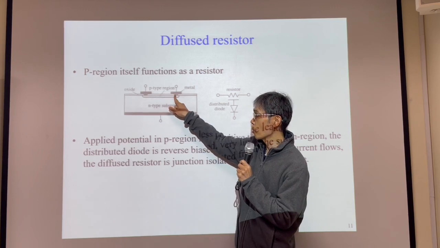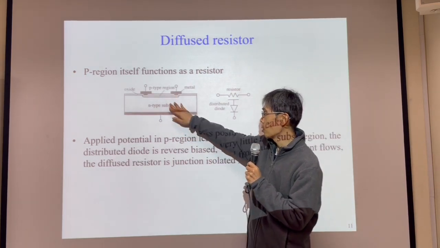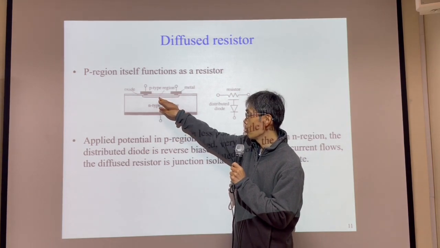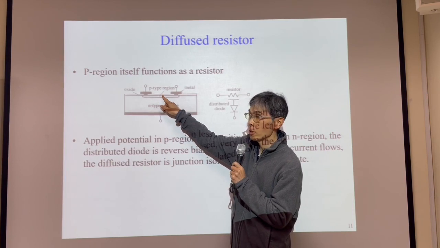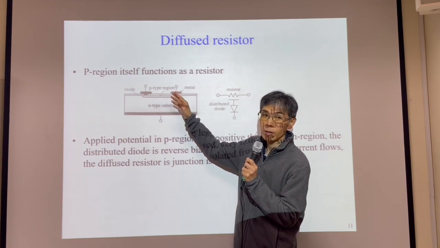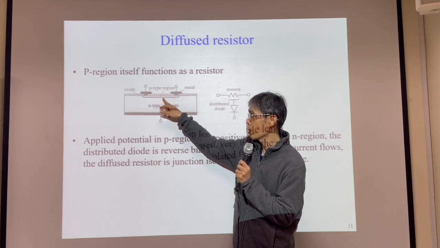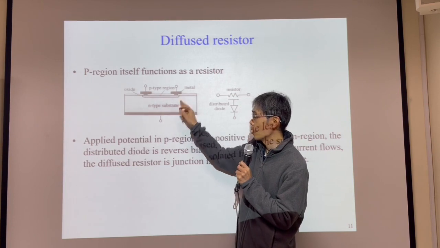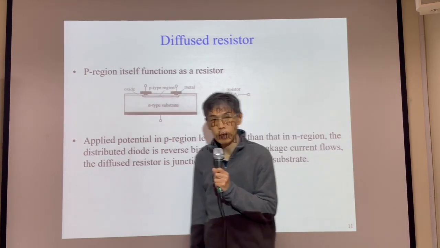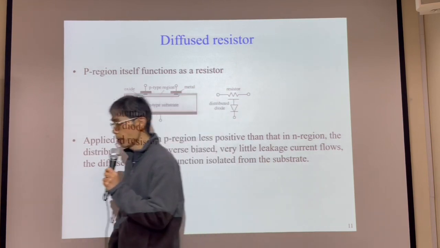Current just keeps going this way. So this is the junction isolated region. This region is isolated from this region by the junction. No electrons go through this way. All electrons just go this way. Any problem so far?